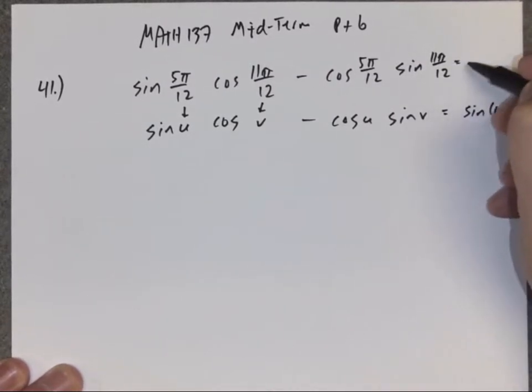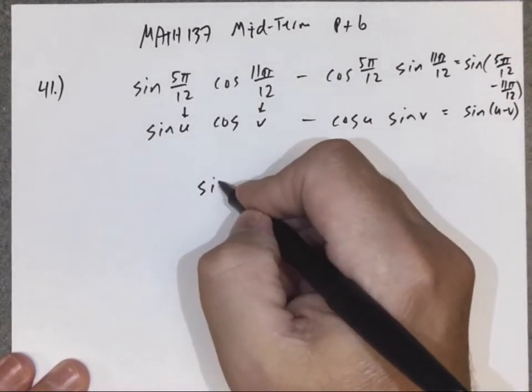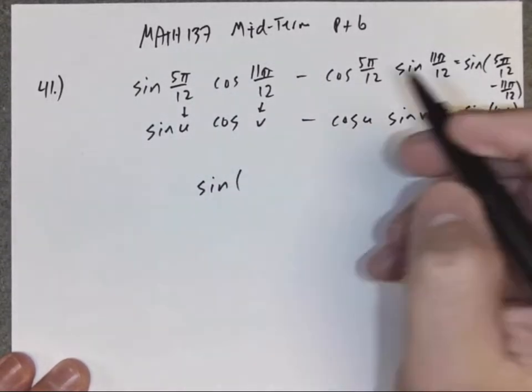That means this whole thing equals sine, u is 5 pi over 12 minus, I ran out of room, but basically I'll rewrite it here.